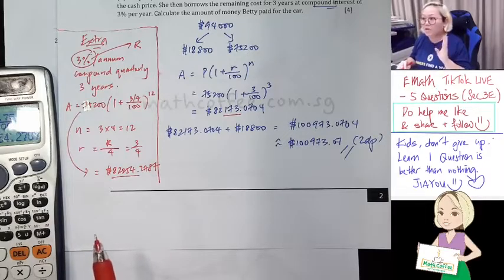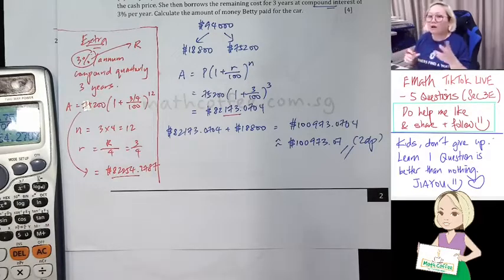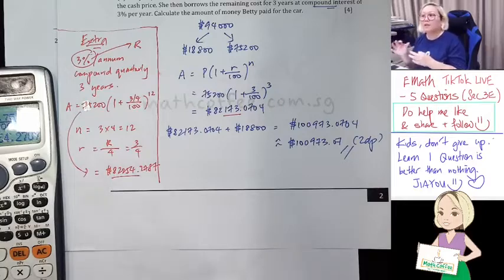If I say compound yearly, my principal will change every year. Because for the second year, they will use the end of the first year, that means the principal of the first year plus the interest. There's a new total, right? They will use the new total to calculate the second year interest. And then the third year, they will use the end of the second year, which again will have additional interest added on.